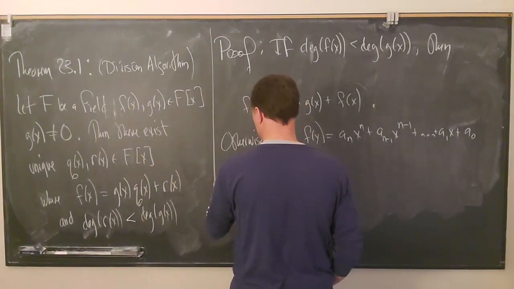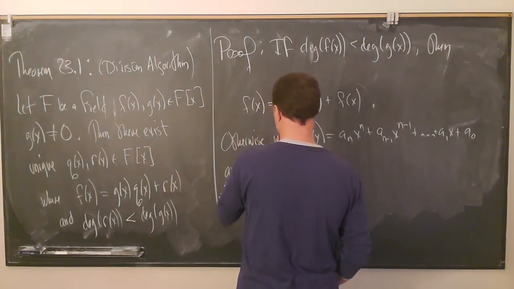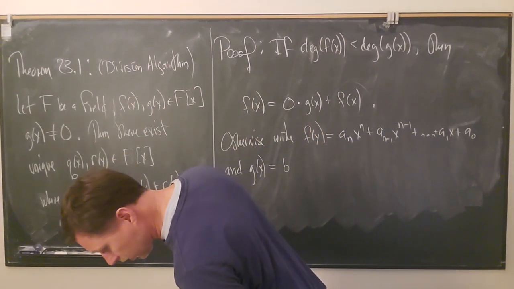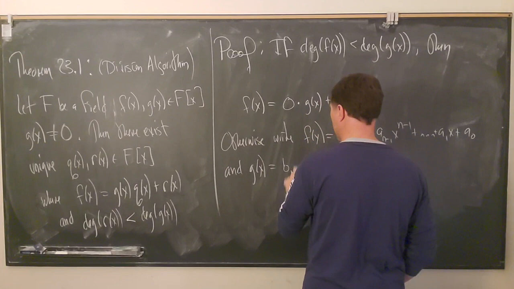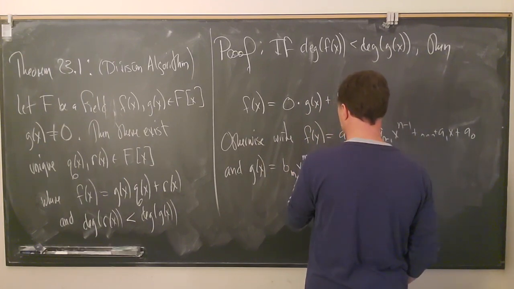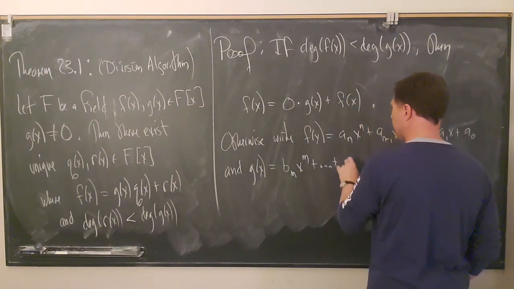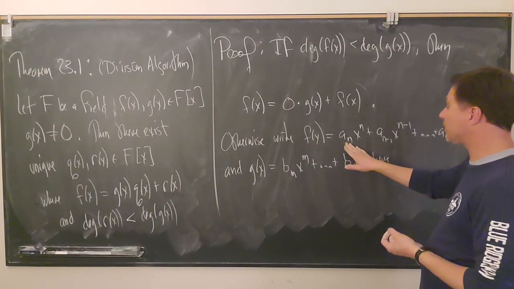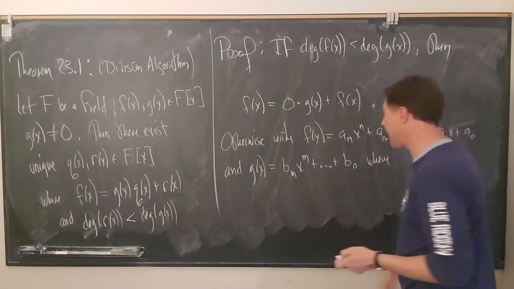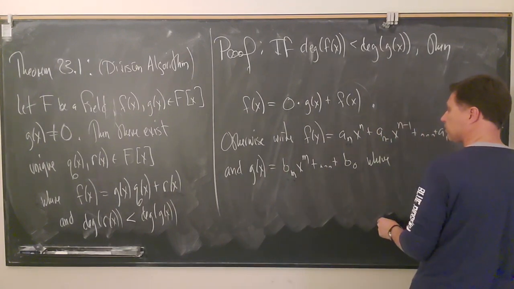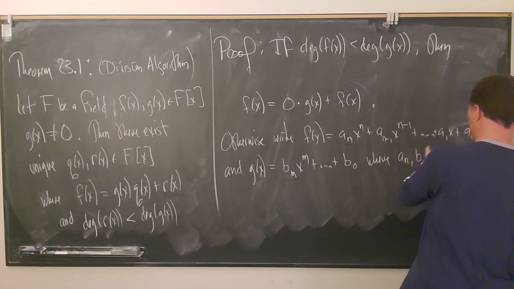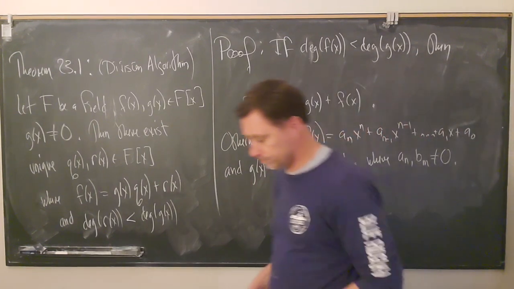So g of x is equal to b sub m x to the m plus dot dot dot plus b0, where I want the degree of f to be n, the degree of g to be m. So where a sub n and b sub m not equal to 0.